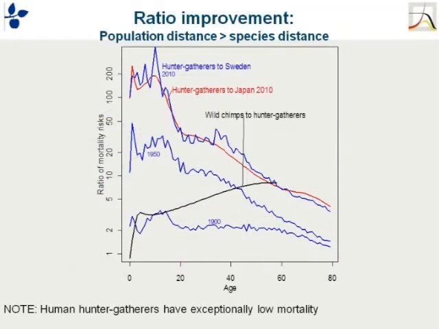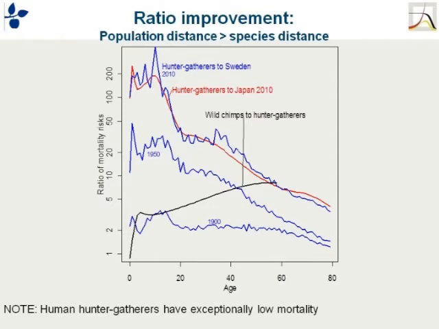So here's a picture of the ratio of mortality improvements. Again, let's go through this carefully. The blue line on the top is the ratio of hunter-gatherer mortality to Swedish mortality in 2010, by age. And you can see that from just after birth until almost age 20, the hunter-gatherers have 100, 200 times higher mortality than Swedes do today.